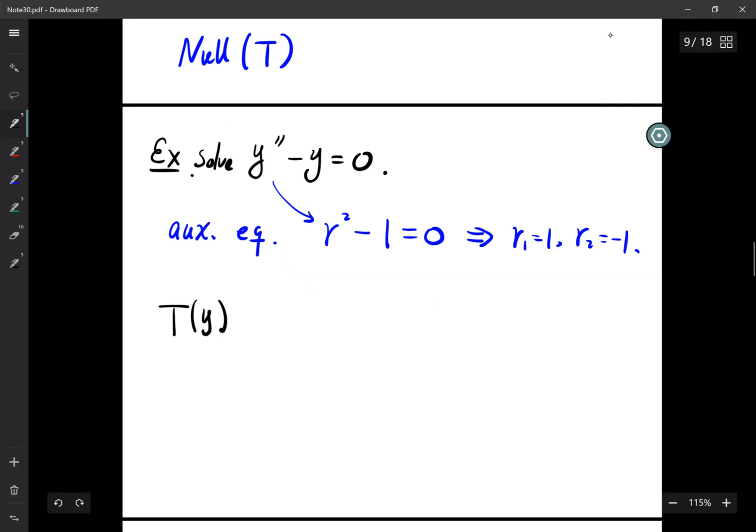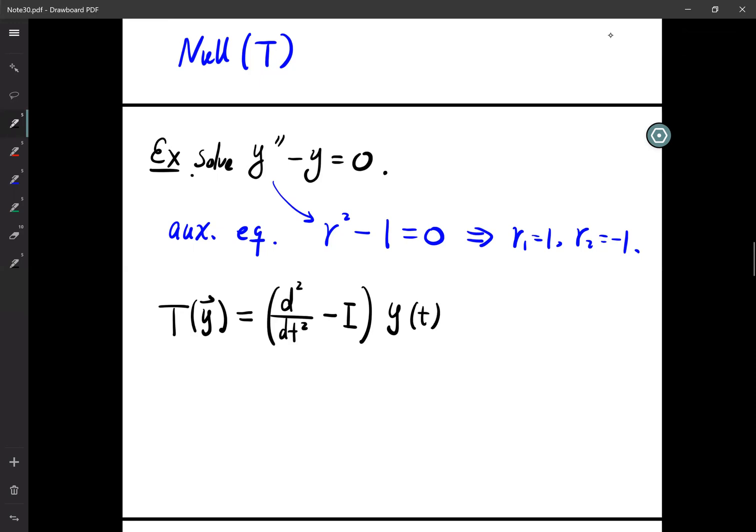So we consider this mapping, which is T(y). It is d squared dt squared viewed as operator minus the identity applied to y(t), y double prime minus y(t). Now I want to do some factorization on the operator level.